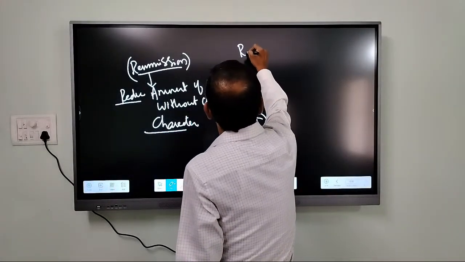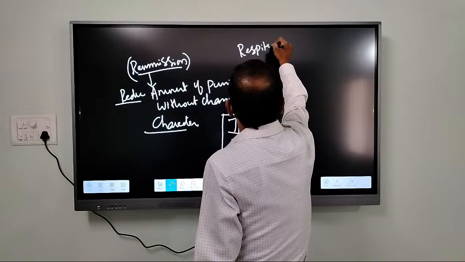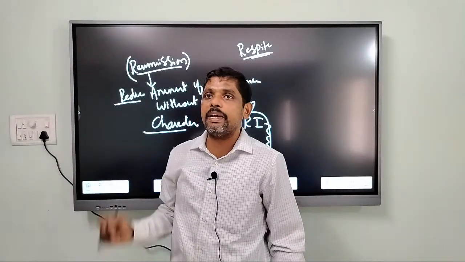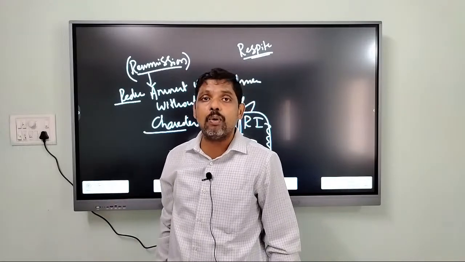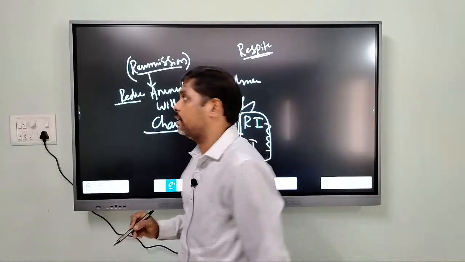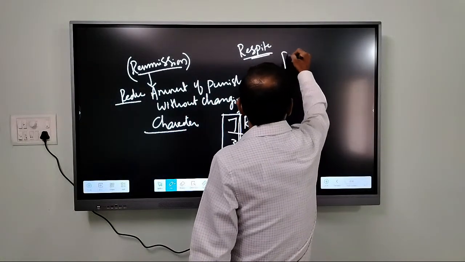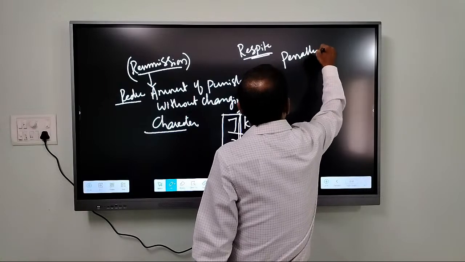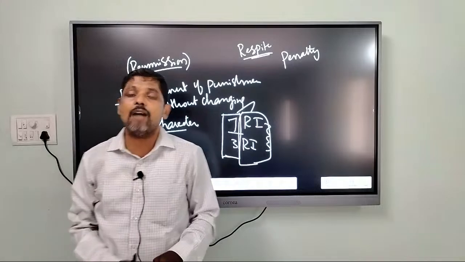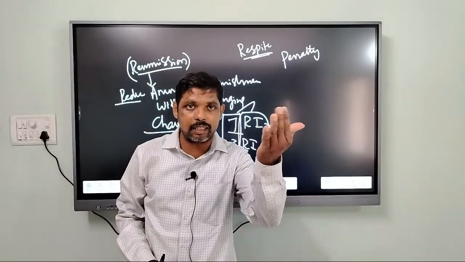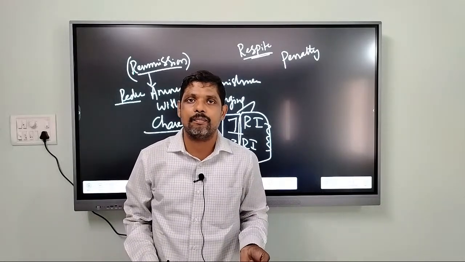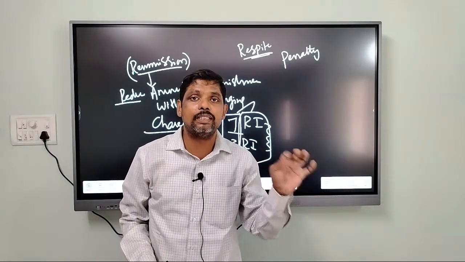Another thing is respite. What do you mean by respite? In respite, payment of a penalty is imposed, that is, replacement of punishment by a penalty. Sometimes we see the punishment replaced by payment of a penalty.